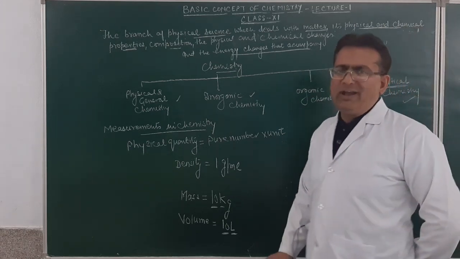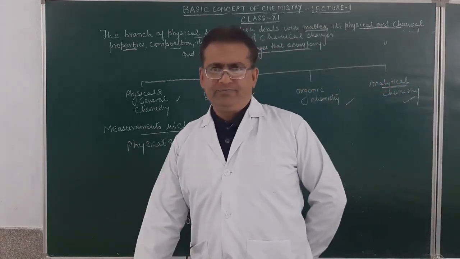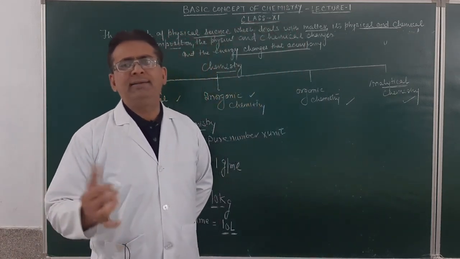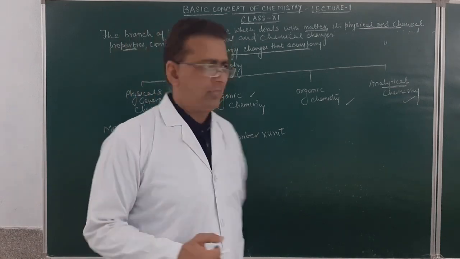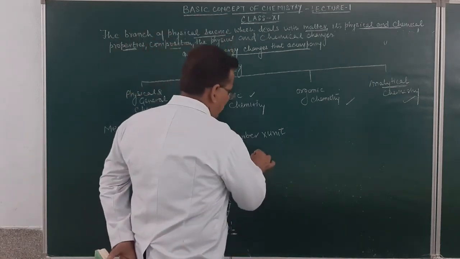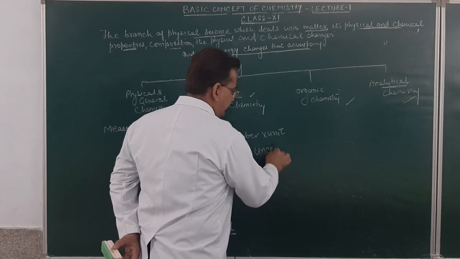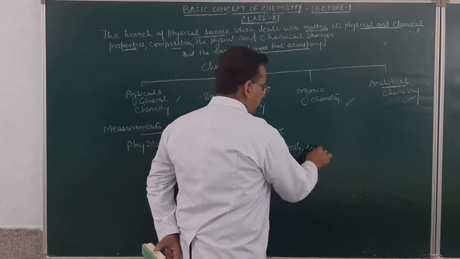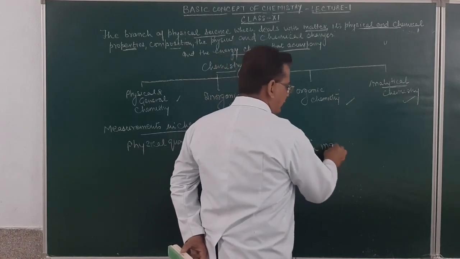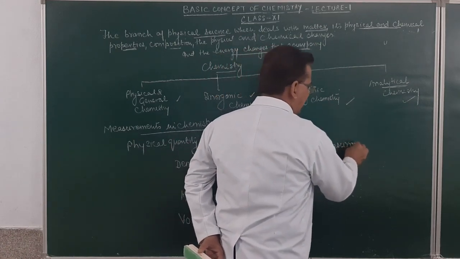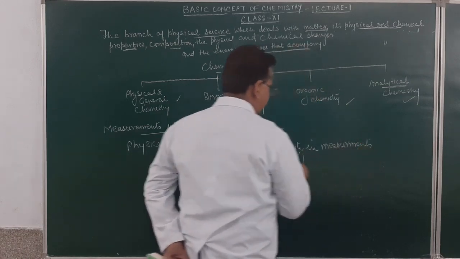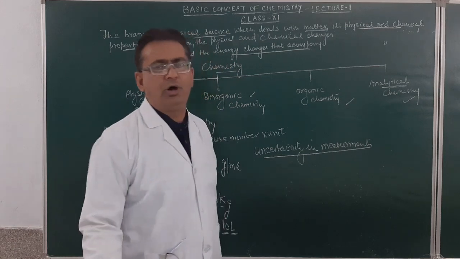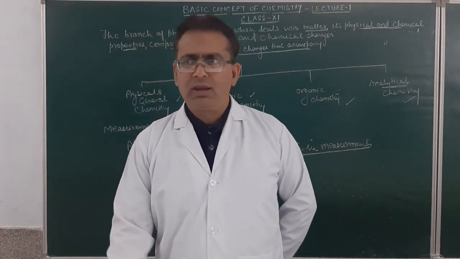Now, when we measure, sometimes there is uncertainty in the measurement. What do I mean by uncertainty in measurement? When you do titration work in chemistry, there will always be uncertainty in the measurement or in the observation of a titer value.